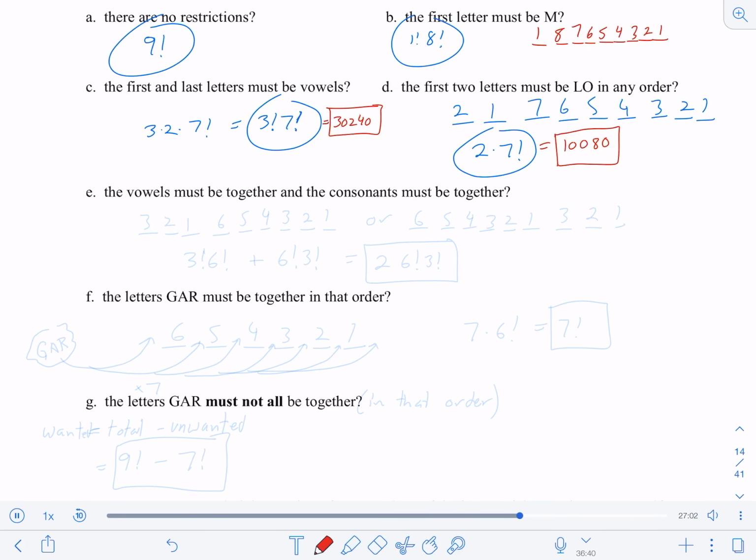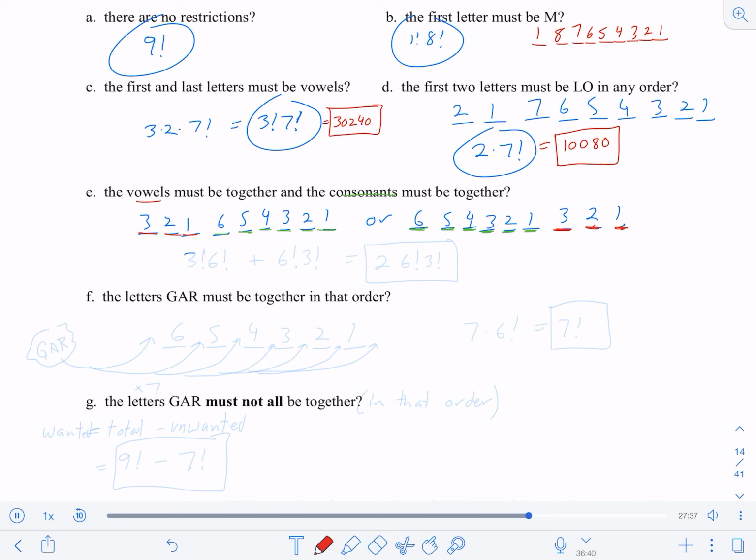We said that there were 3 vowels, and they all have to be jammed together, so that's 3, 2, 1, and then the rest of the letters, 6, 5, 4, 3, 2, 1, or they could be in the opposite orientation: consonants first, 6 factorial, and then the vowels second, 3 factorial.